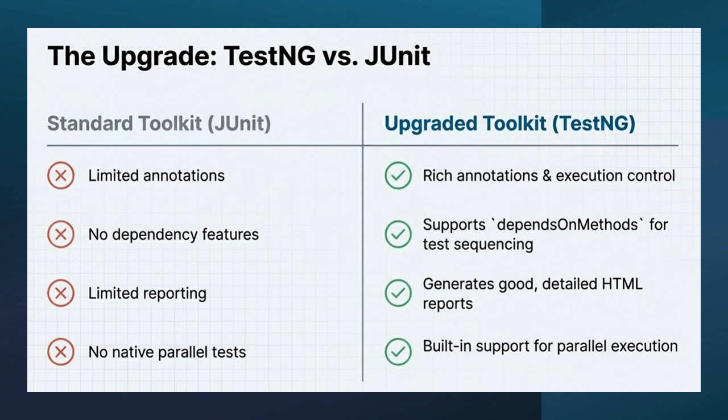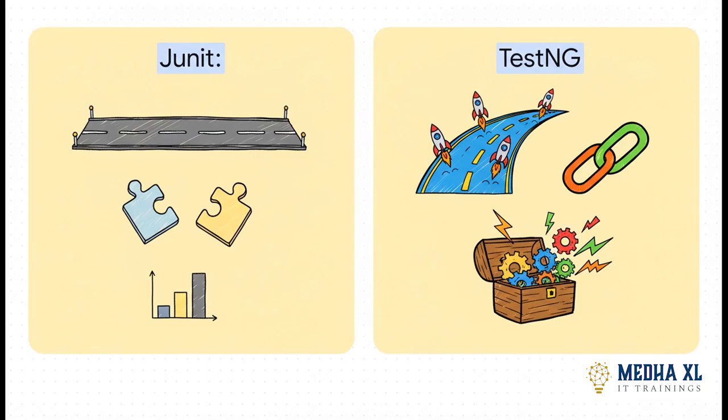It gives you a whole suite of powerful annotations and built-in dependency management. That means you can finally tell your tests, hey, don't run until this other test passes, which, if you've ever done integration testing, you know is an absolute lifesaver. And of course, there's native support for parallel execution, letting you run tons of tests at once to slash your build times. These aren't just small tweaks. They really change how you can structure and speed up your entire testing workflow.